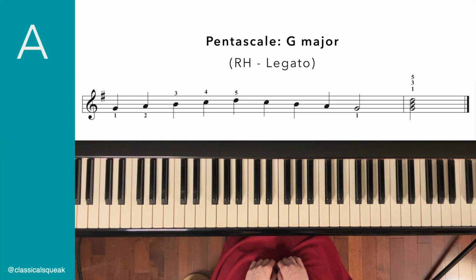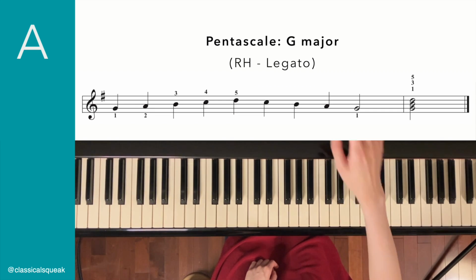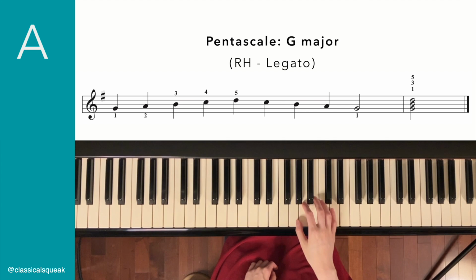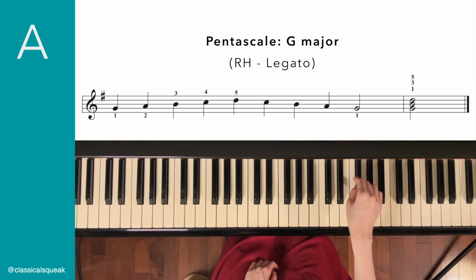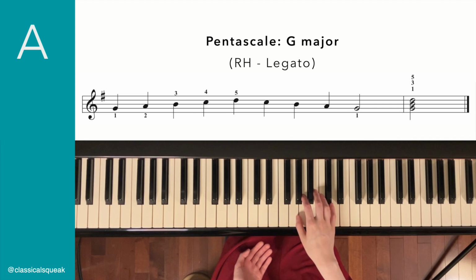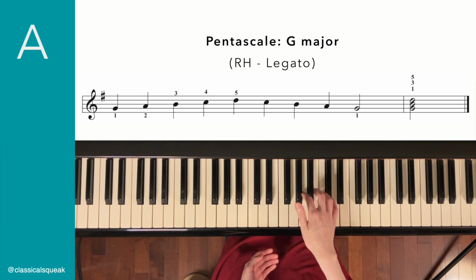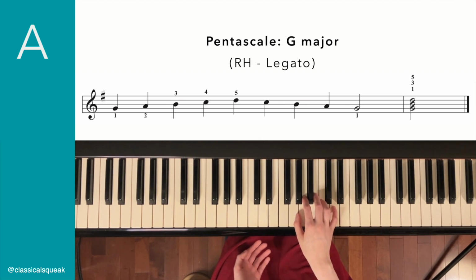Next we have G major. Now G major has one sharp in the key signature, which is F sharp, but we don't actually play that note for a pentascale, which is just the first 5 notes of a scale. So we only have G, A, B, C, and D. Same fingers as we used for all of the other scales so far.